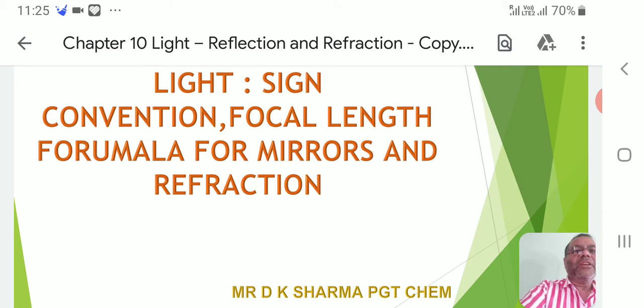Yesterday we discussed reflection of light through mirrors, especially spherical mirrors.